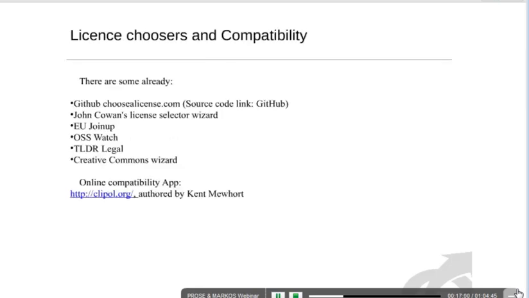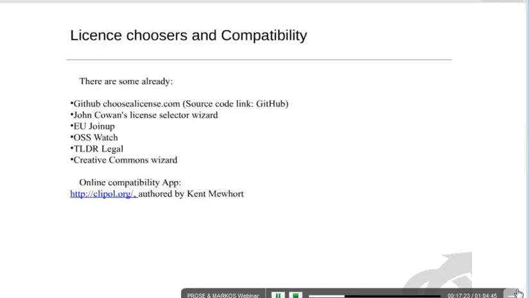So when we decided that we would have this tool, we looked around to see what else was there in the nature of any open source project. We didn't want to reinvent the wheel if there was no need. And we found that GitHub had recently moved towards advising its projects to choose a license, and that there were a number of other license choosing type tools out there.